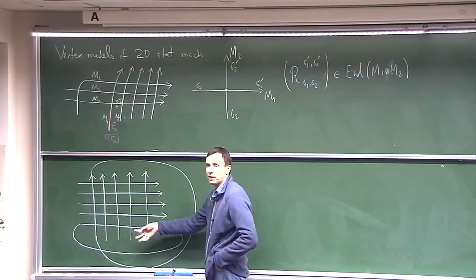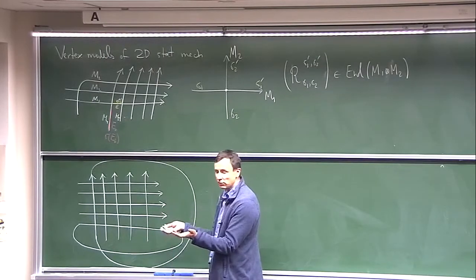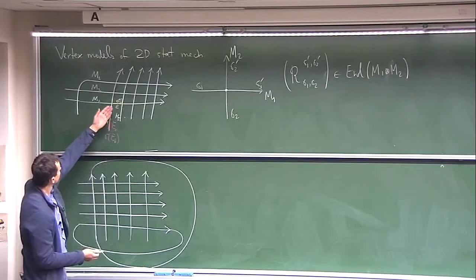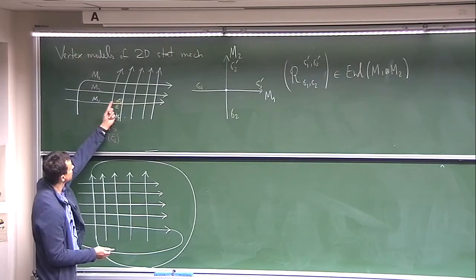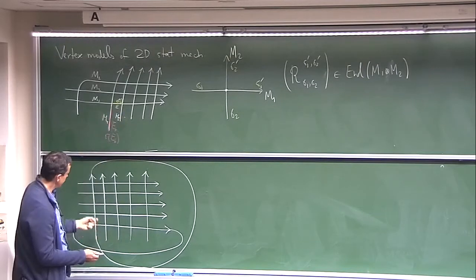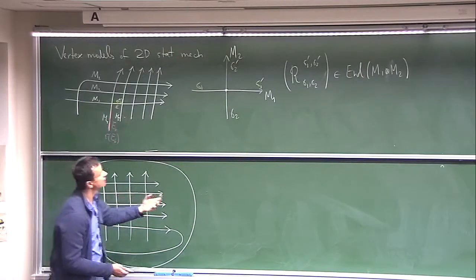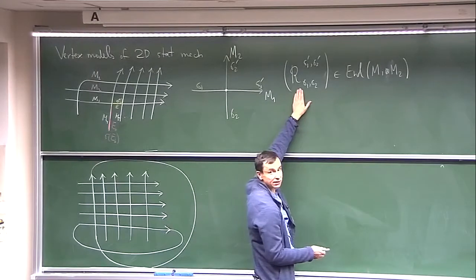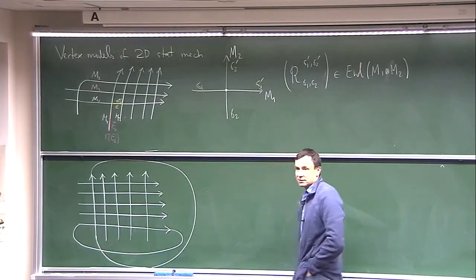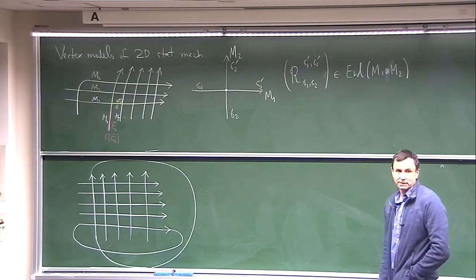You sum over all possible values, so all edges are bounded, you sum over all possible indices on these edges, and there's some interaction strength, which is given by this matrix. So this would be everybody's favorite example.